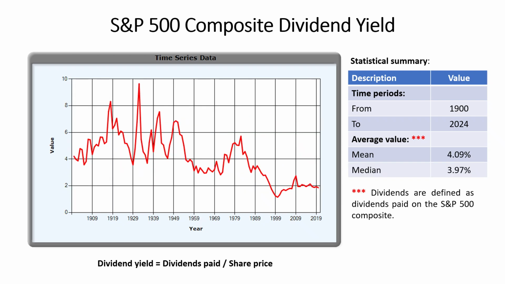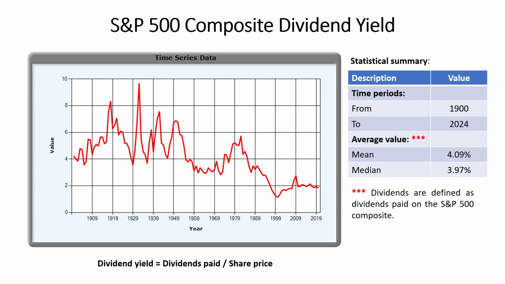In this slide, we'll take a look at S&P 500 composite dividend yield. And remember that dividend yield equals dividends paid over the share price. And we can see by that chart that dividend yields have been decreasing. So in other words, companies are retaining more of their cash that they could have used to distribute to stockholders. They're basically keeping that on balance sheet in the form of cash balances, marketable securities, that kind of stuff.